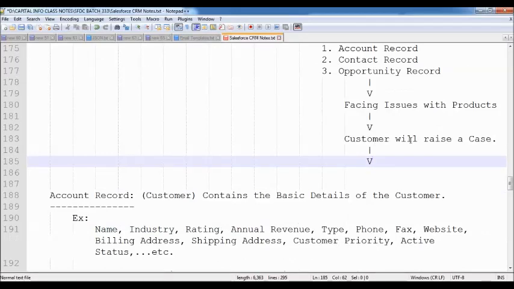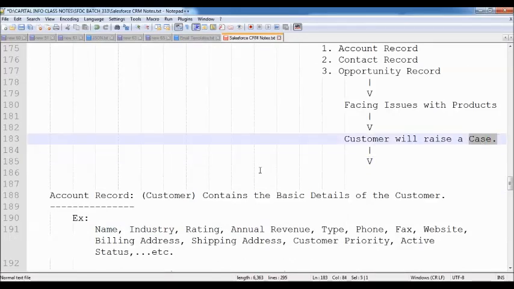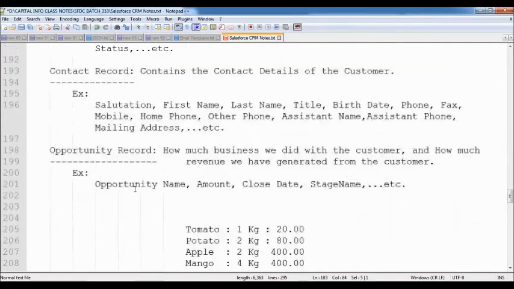Now, in this case, what exactly is a case? How can we describe the case?